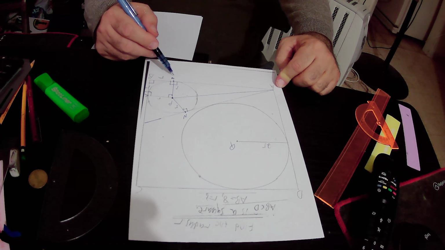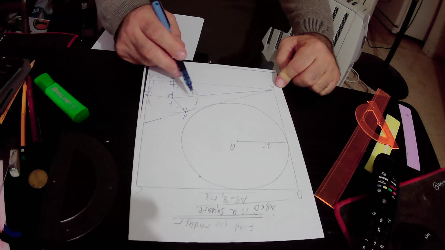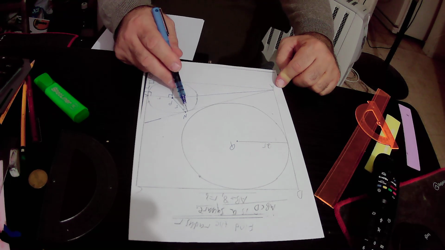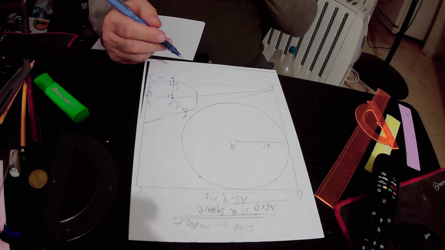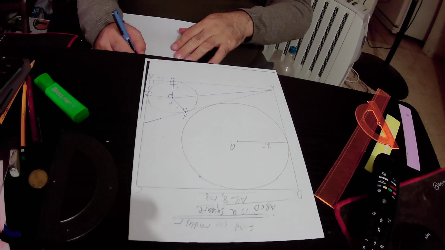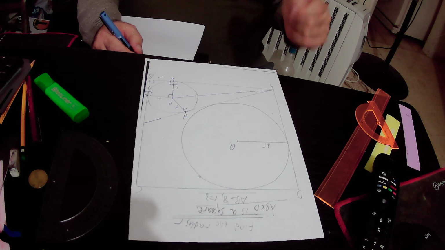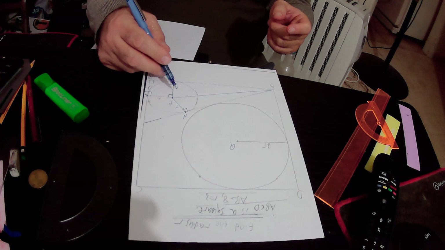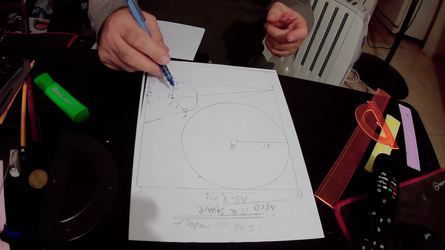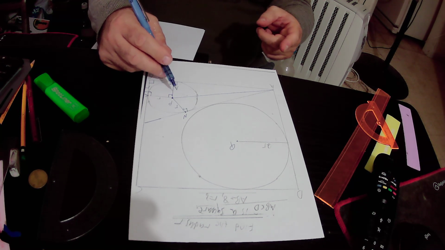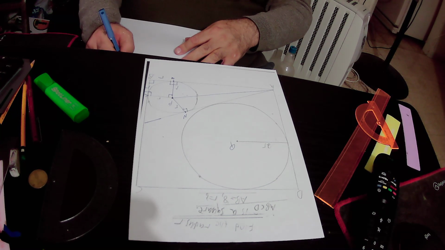AM is tangent to the small circle at point M, and AN is tangent to the circle at point N. According to rule number 2, AN equals AM. Because when you draw from an external point of a circle two tangents to a circle, then those two tangents will be equal to each other. That is to say, AN equals AM according to rule number 2.